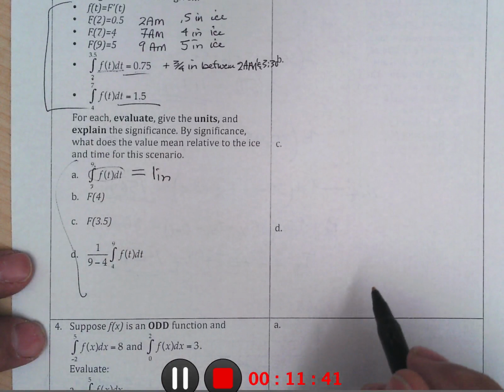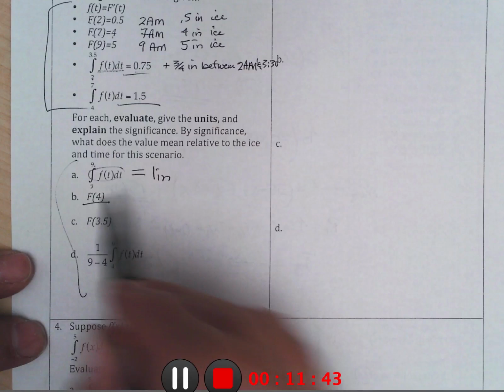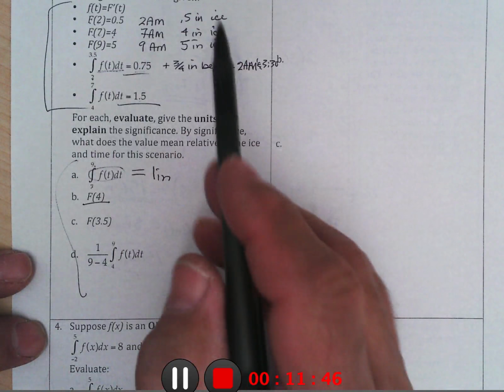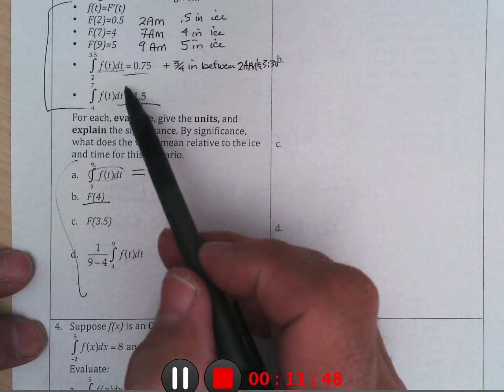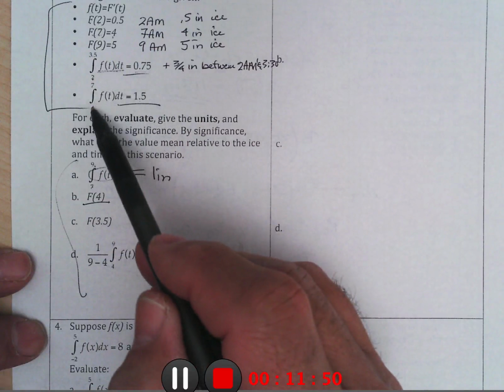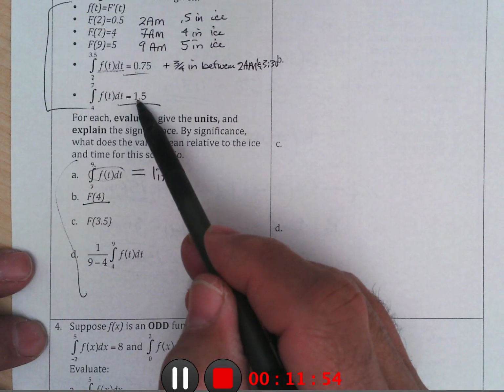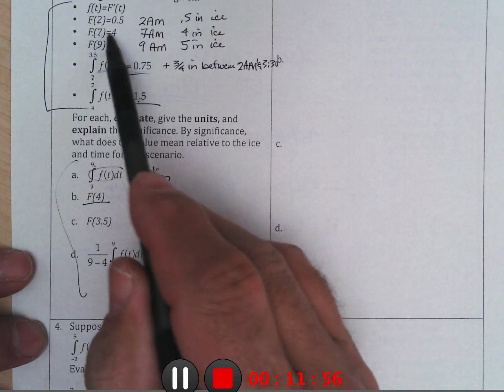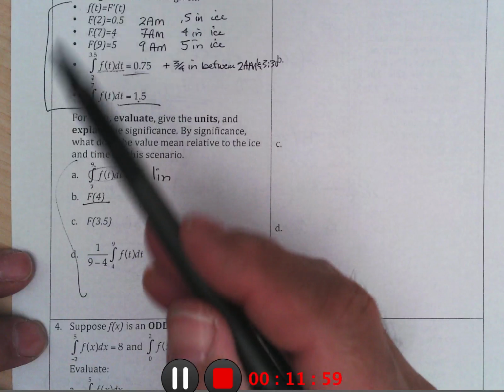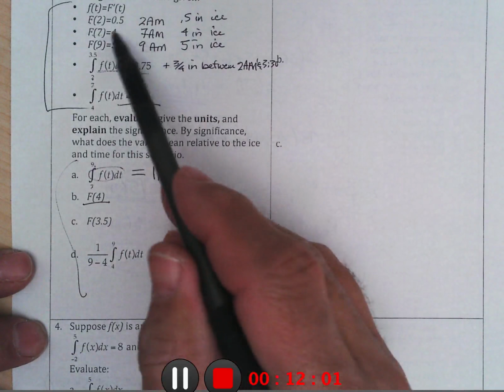How much ice was there at 4? Well, let's see. Between 4 and 7, it increased by 1.5 inches, and at 7 it was 4, so if we back off, lose that 1.5 inches, we would get back to 2.5 inches.